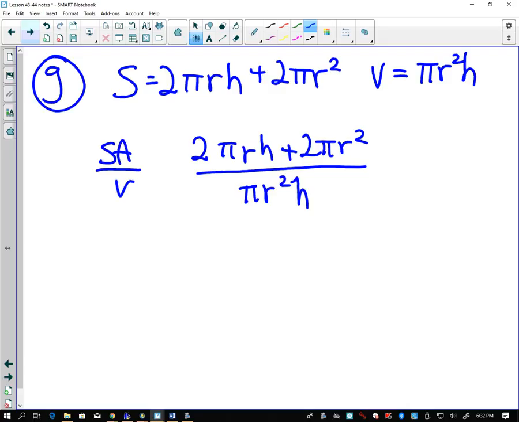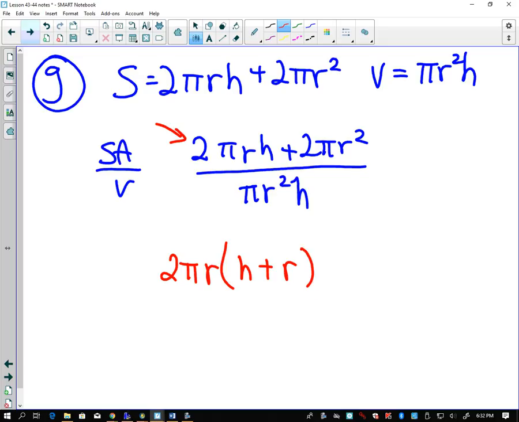So let's start by factoring out of the top what we can take out of everything. Looks like I can take out a 2. Looks like I can take out a pi. Looks like I can take out 1r. That's going to leave me with an h plus an r. Okay?